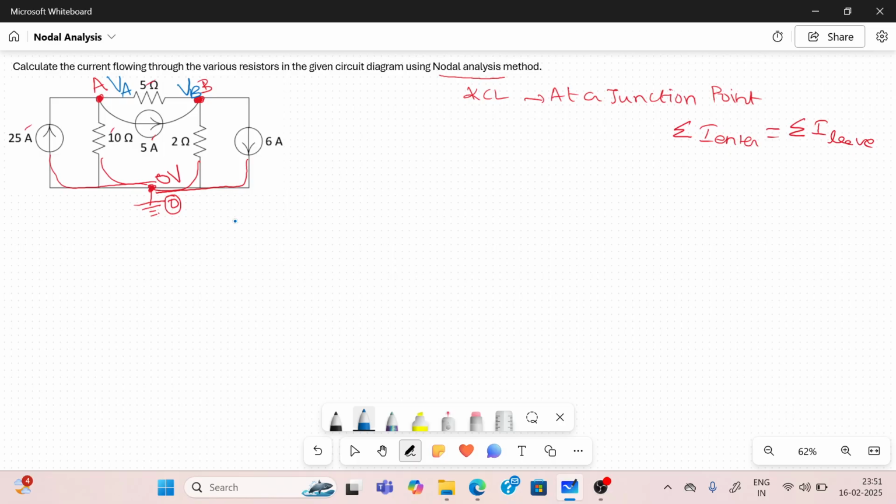The node voltage is nothing but the voltage between the node and ground. Remember this. The node voltage is the voltage of the corresponding node with respect to ground. This is for understanding. I have written it here, so we are not using this V and R.